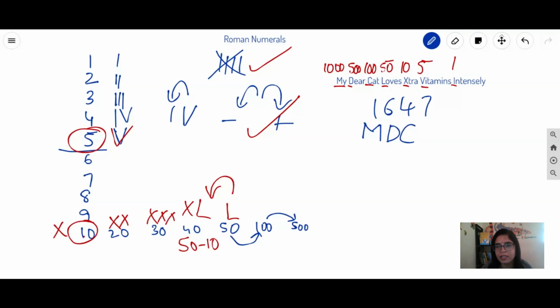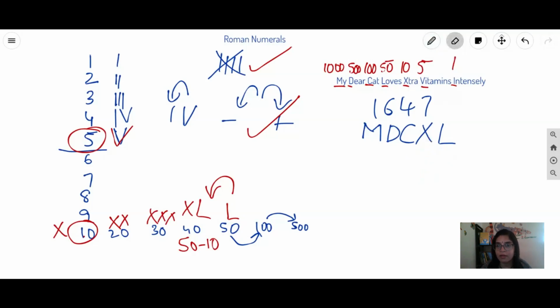So let us write the 50, which means L, here. I know that I have to subtract something. So this is a 50, fine. But how much do I have to subtract? I need a 40, no? I have to subtract a 10. 10 means what? X. So I write an X. So 40 is done.